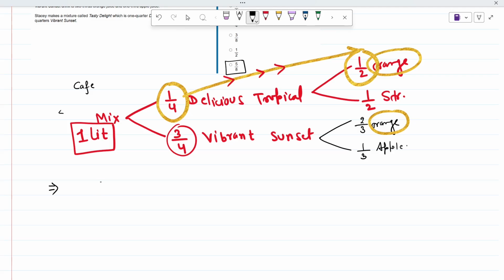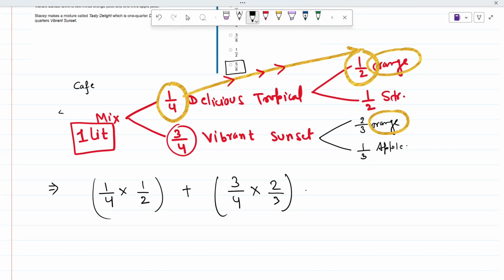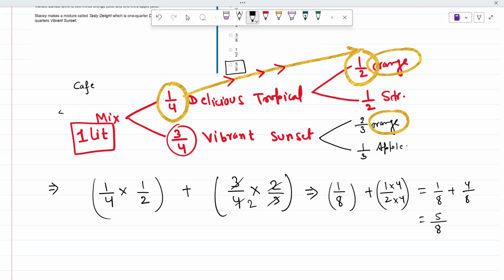Proportionally, if you just multiply, you will get your answer: 1 by 4 into 1 by 2, plus 3 by 4 into 2 by 3. So please solve: it is 1 over 8 plus, we can simplify this, 1 by 2. If you simplify this, making it the last fraction, we will get 1 over 8 plus 4 over 8. So we are getting 5 over 8. This is the second method.